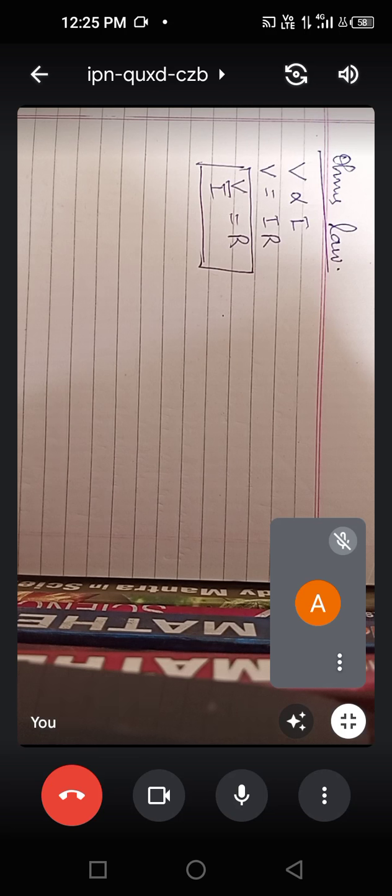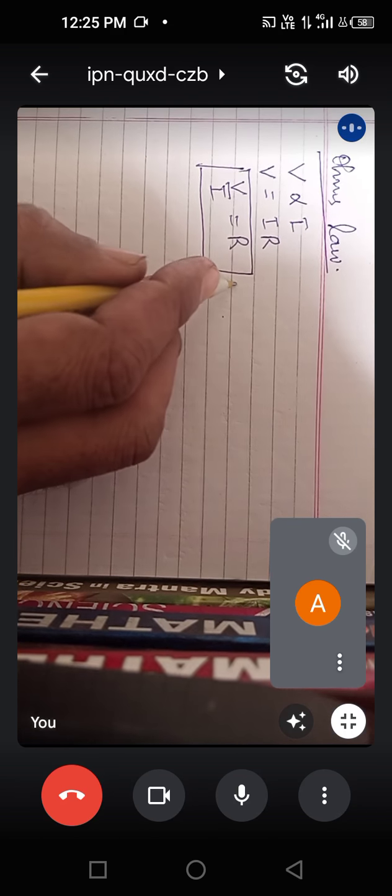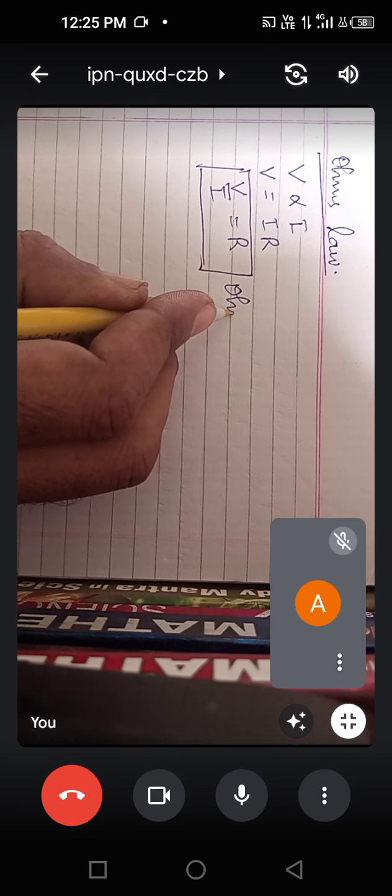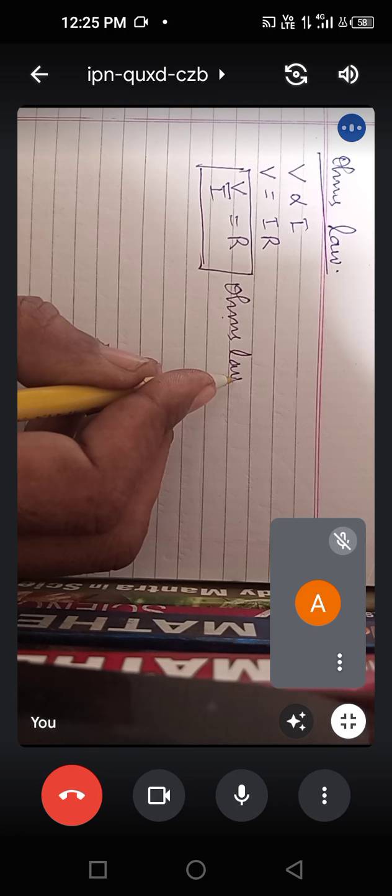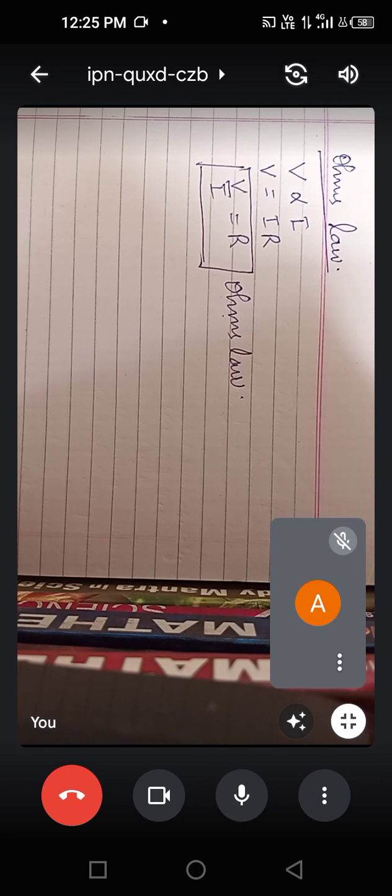So V upon I is equal to R. And this is called Ohm's law.